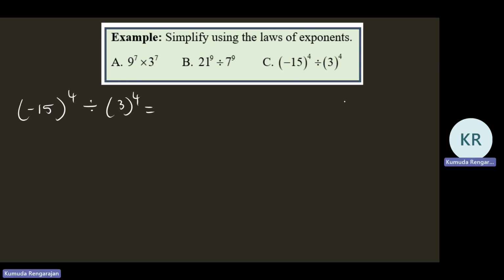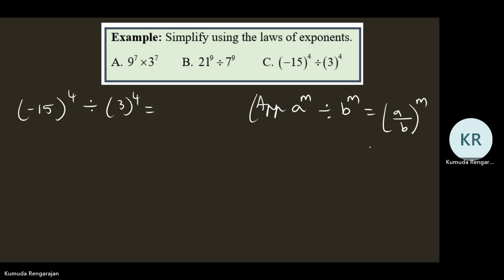So the rule is: a to the power m divided by b raised to the power m is equal to a divided by b, the whole to the power m. So it will be minus 15 divided by 3 raised to the power 4.